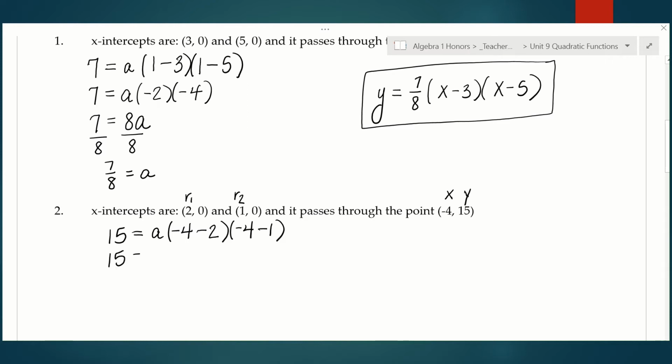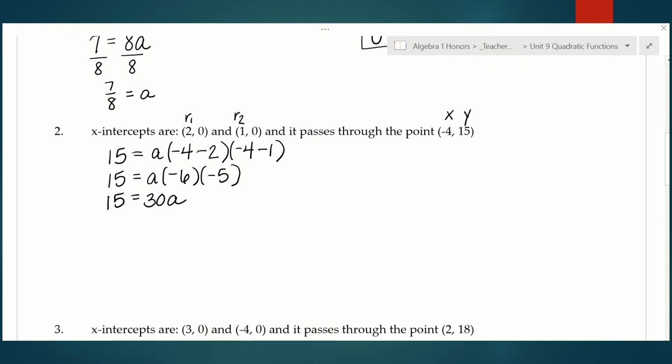And then I'm going to simplify my parentheses. So -4 minus 2 is -6. -4 minus 1 is -5. This would give me positive 30a. And so when I divide, 15 divided by 30 is 1/2.